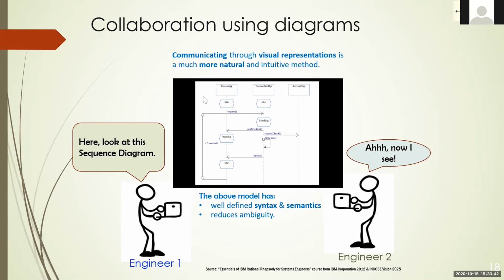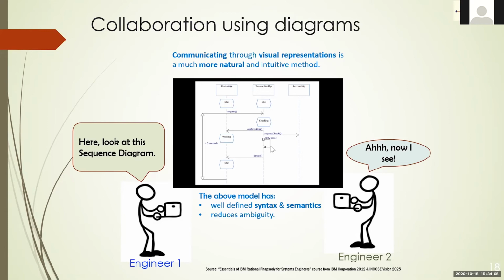So we know then that the first message was the request. And then the second message was the confirmation. The third message was the request, the check. And then we have the transaction manager calling a function on itself.